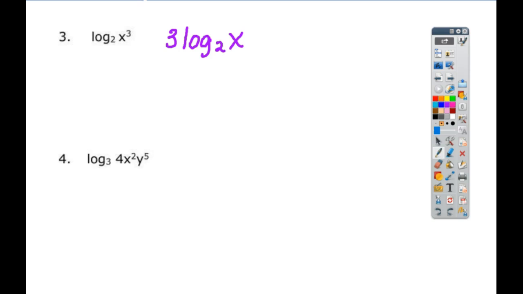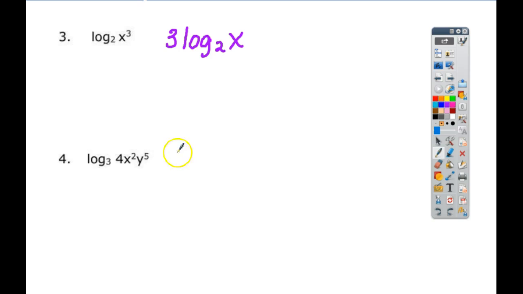Okay, so first of all, how many numbers or variables? Okay, I have a 4, I have an x, and I have a y. So I have 3. So I have to have 3 logs. Okay? You see that? So the first, and these are all multiply, right? So multiply means add.